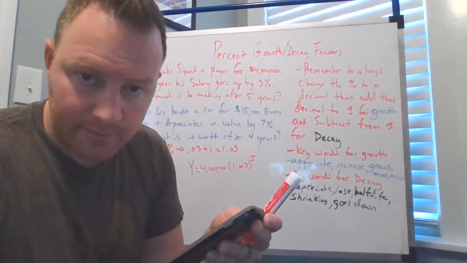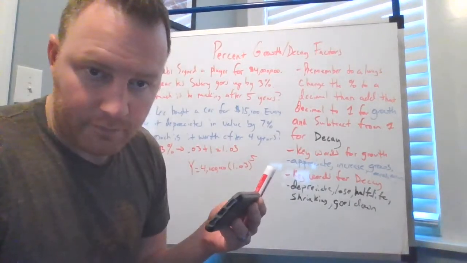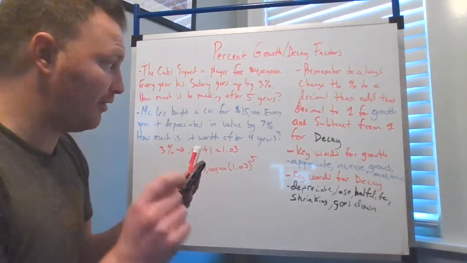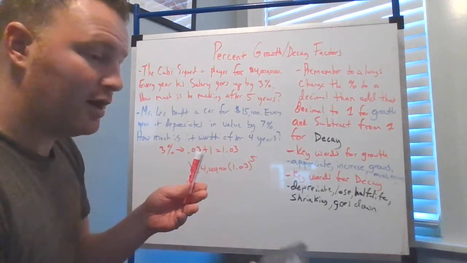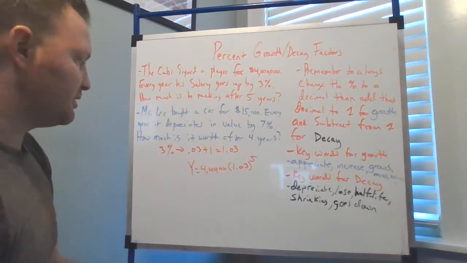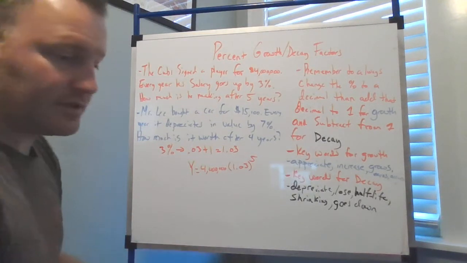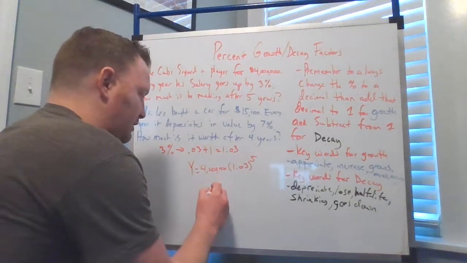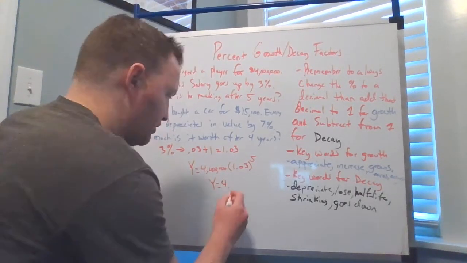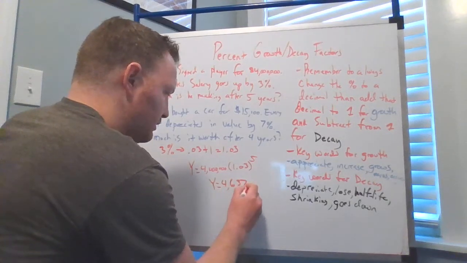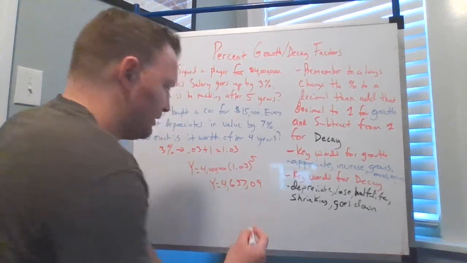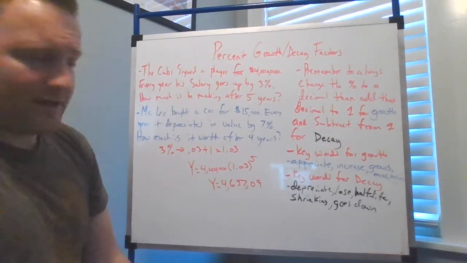Hold on a second, guys. Alright, so I know my mistake. I pressed 1 extra 0, so my calculator thought I was typing in 400 million, not 4 million. Or 2 extra zeros. So I got the answer of approximately y equals 4,637,096, give or take. That's good enough. That's how you do that one.